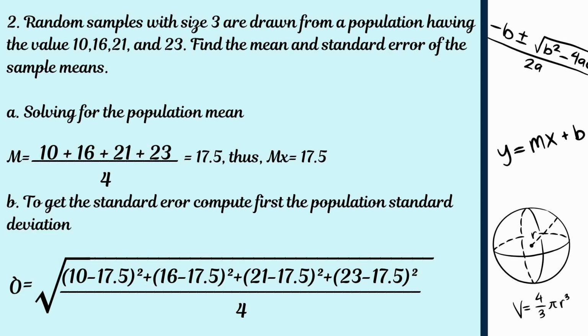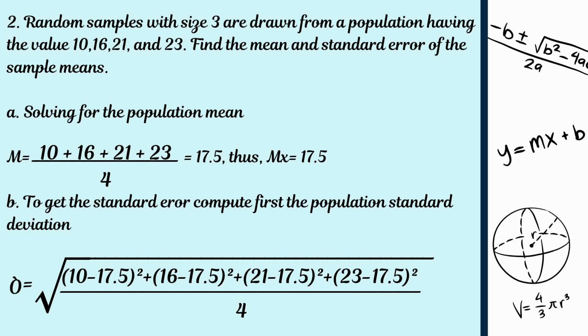We already know that the mean is equal to 17.5. Now, let's calculate the deviation of each value from the mean.